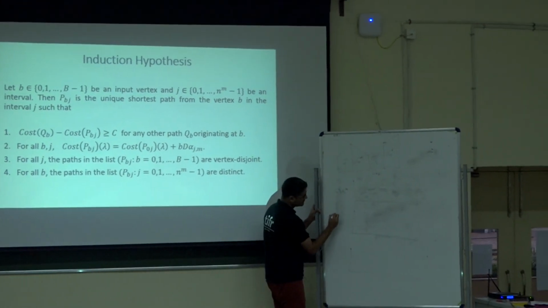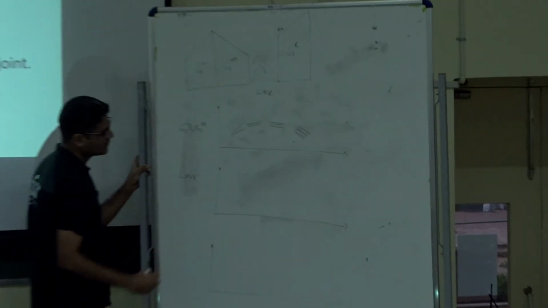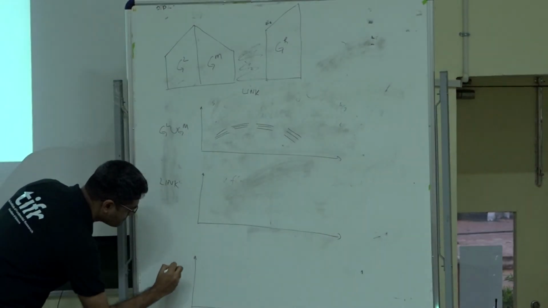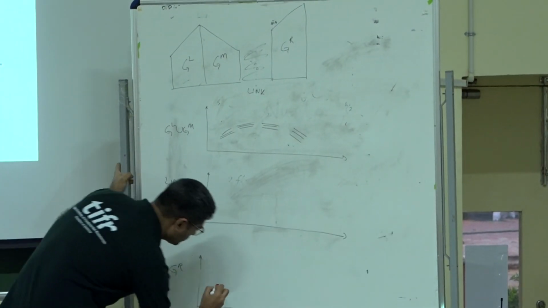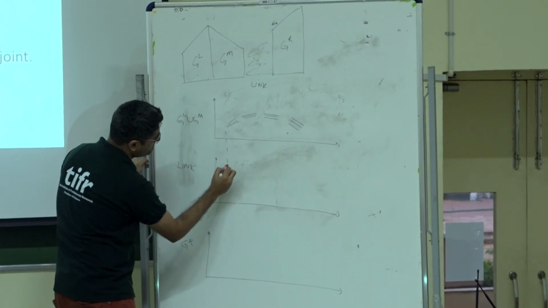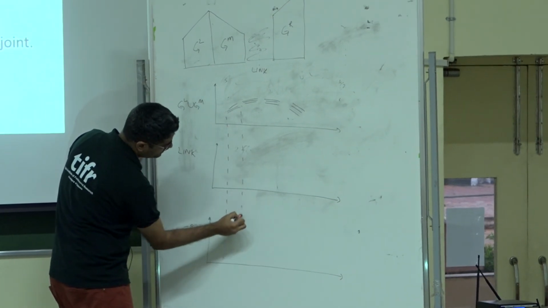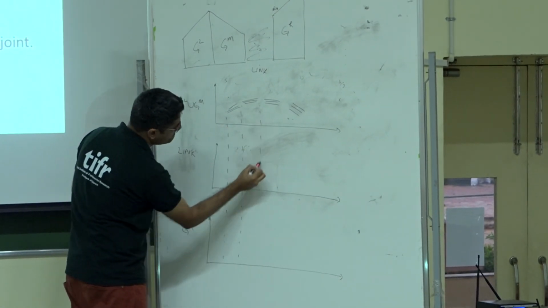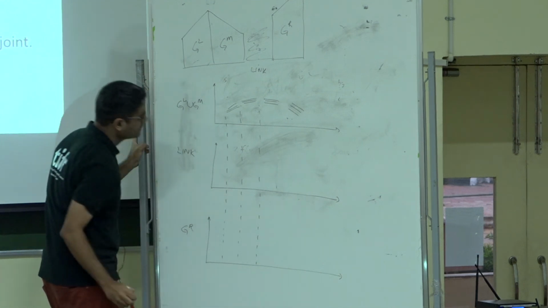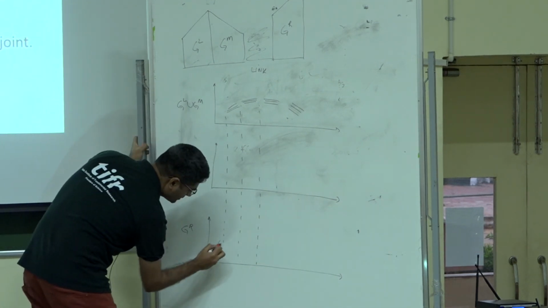This is the link carry. And this is Gi. So basically they all have the same set of intervals. And he also has the shortest path.